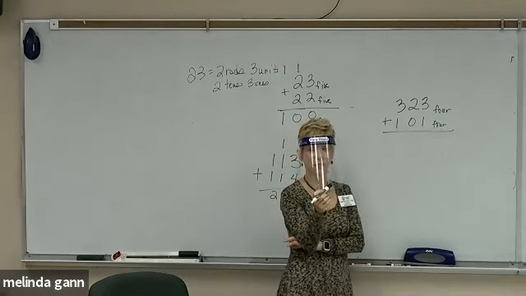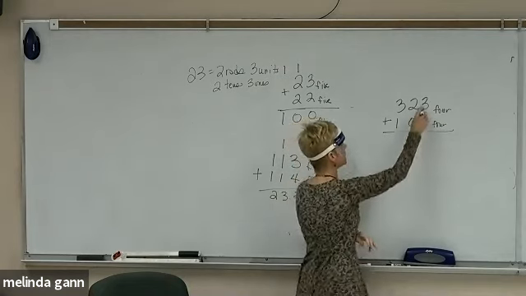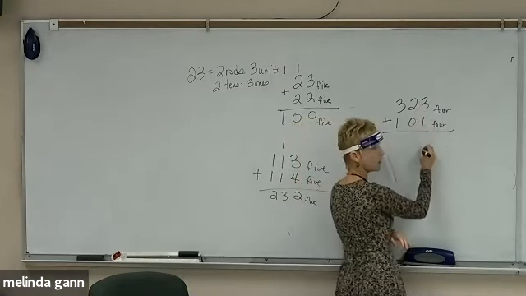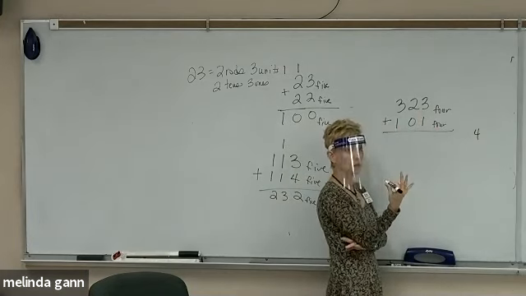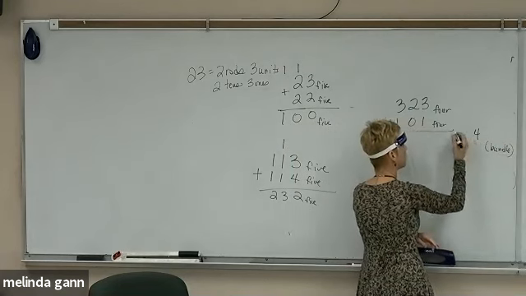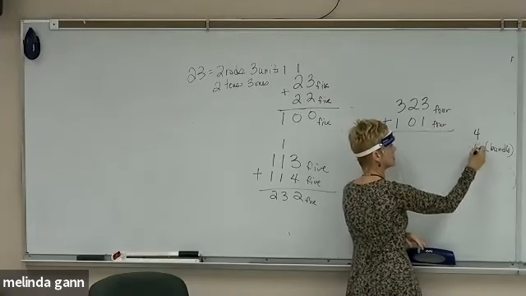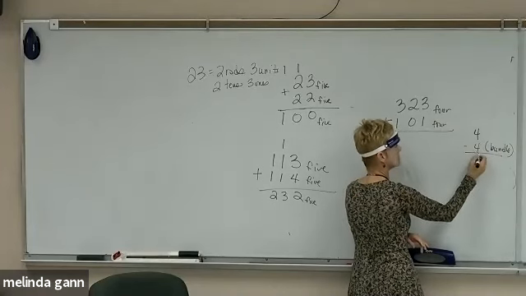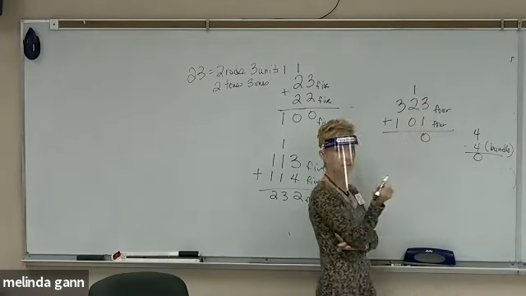So how big are my bundles going to be now? 4s. So when you add 3 to 1, can I write down a 4? No. What's the biggest base value I can have in base 4? 3. So I have to take out a bundle. How many are in my bundle now? What base is it? How many is that going to leave me? 0. But I've got to carry my bundle, correct?